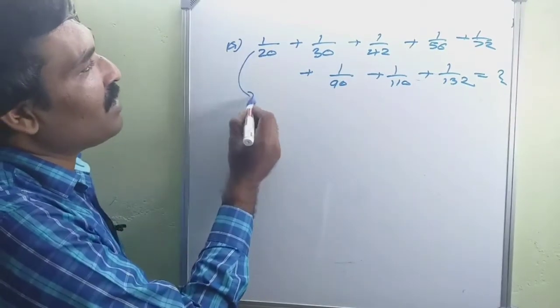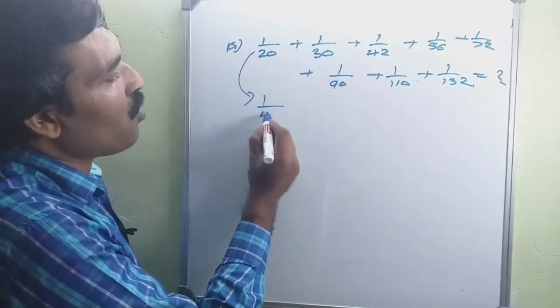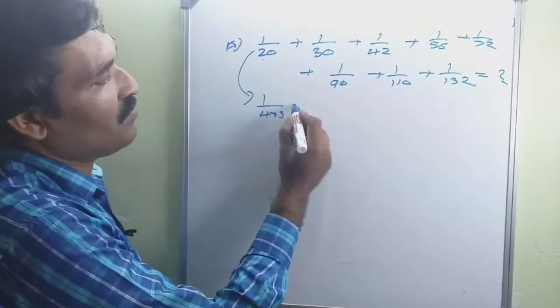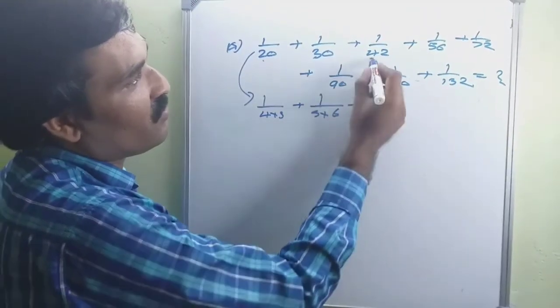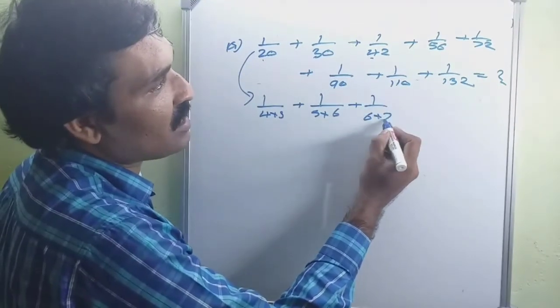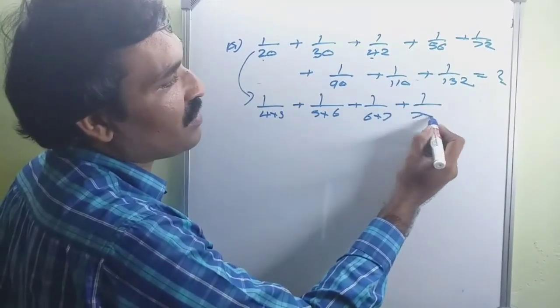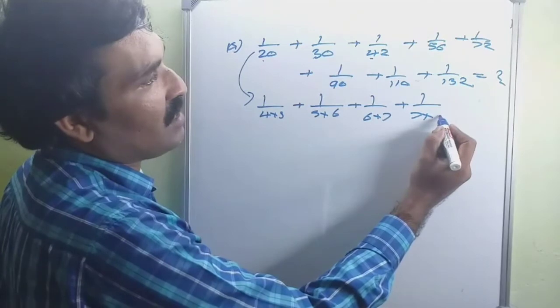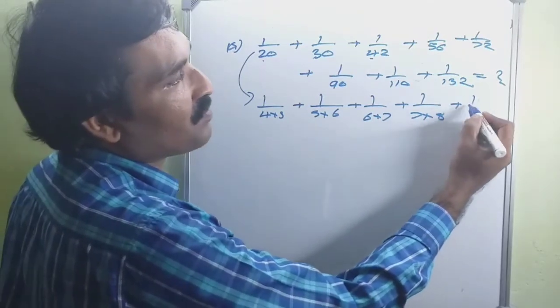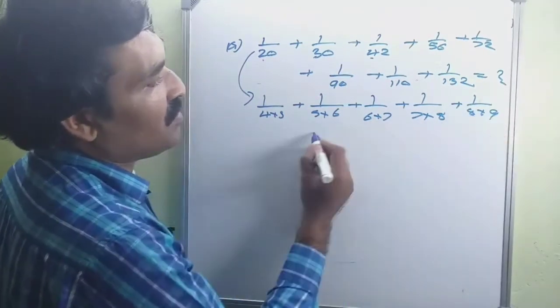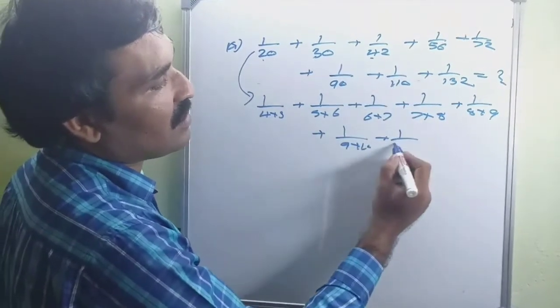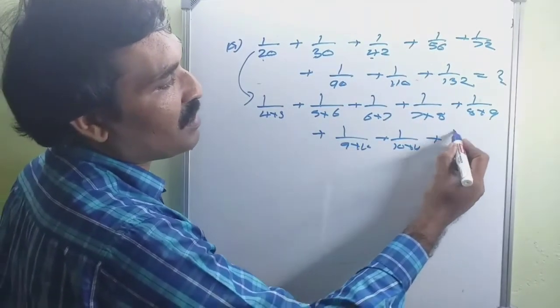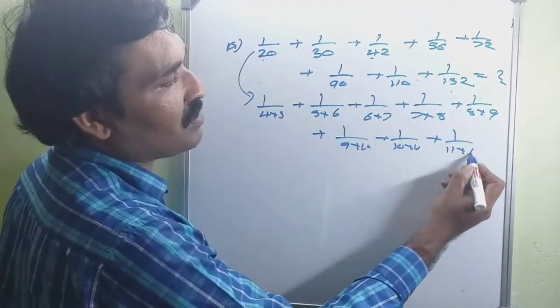Now we can write 1 by 20 is equal to 1 by 4 into 5, 4 into 5 is 20, plus 30 is equal to 5 into 6, 42 is equal to 6 into 7, 56 is equal to 7 into 8, plus 8 into 9 plus 9 into 10 plus 10 into 11 plus 11 into 12.